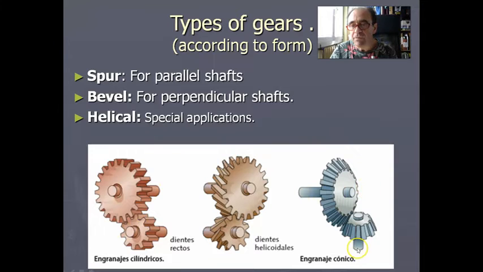If the axes form 90 degrees, we have to use bevel gears. And when we have an angle between axes that is between 0 and 90 degrees, we have to use helical gears.